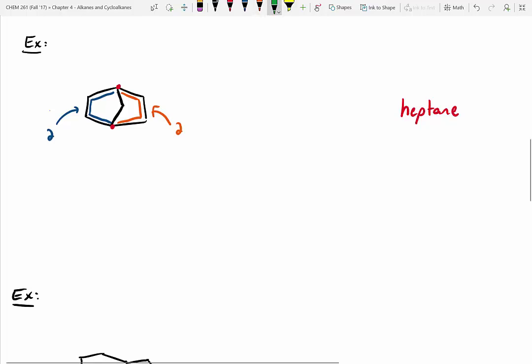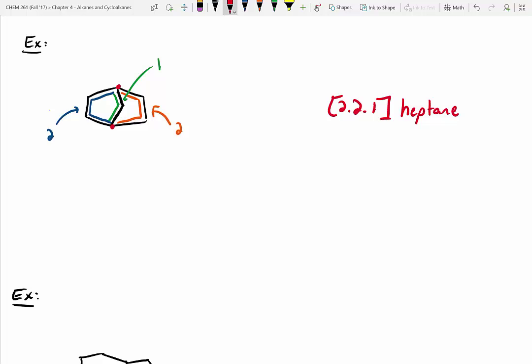And then if I identify this remaining bridge pathway, you can tell that this is a 1-carbon bridge. So what you want to do is arrange these in order from largest to smallest and put that in brackets. So this would be a 2, 2, 1.